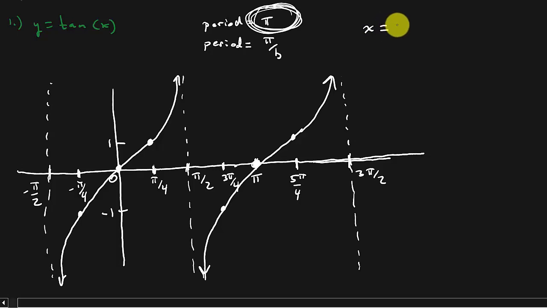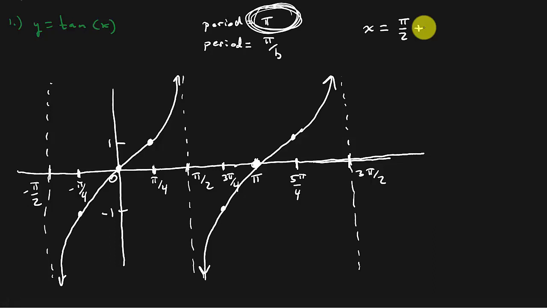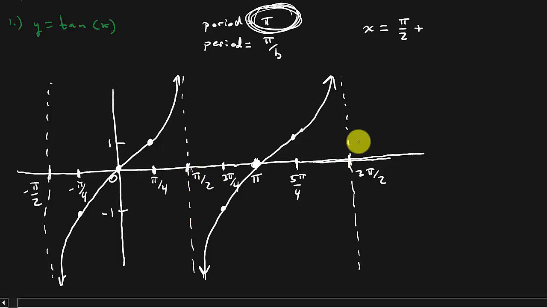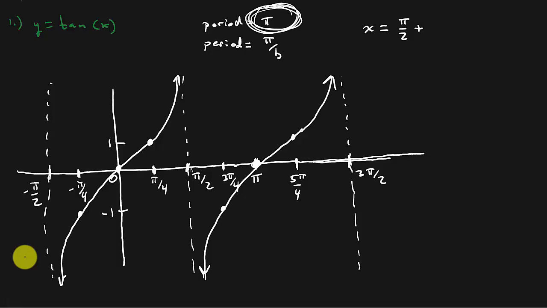So x equals pi over 2 plus, okay, I want the equation for all the vertical asymptotes. We actually have vertical asymptotes at pi over 2, 3 pi over 2, negative pi over 2, and so on. But you can't list them all. So we've just got to get a general formula for all of them.